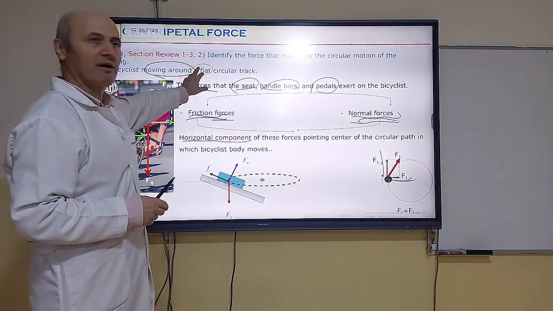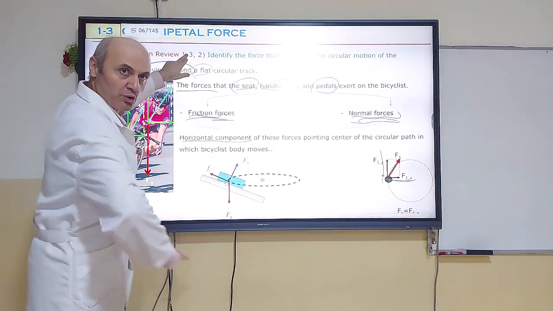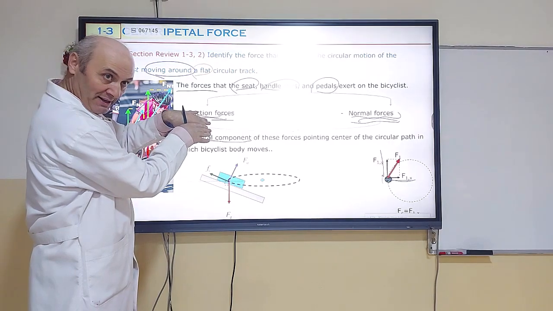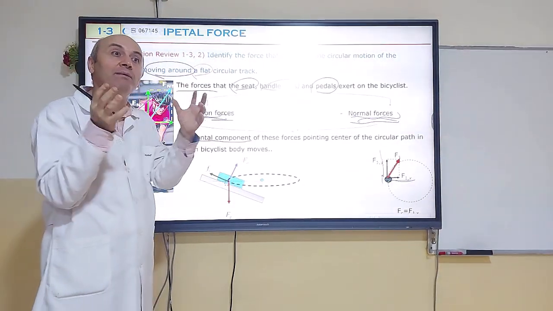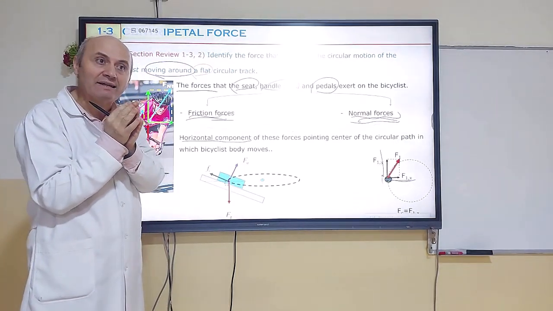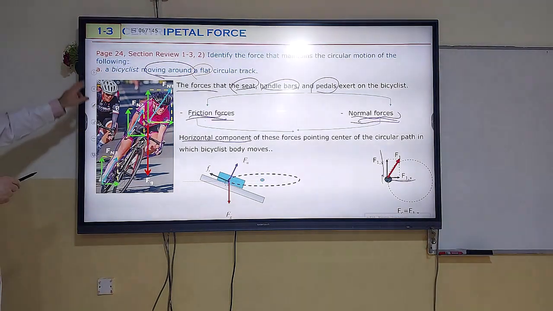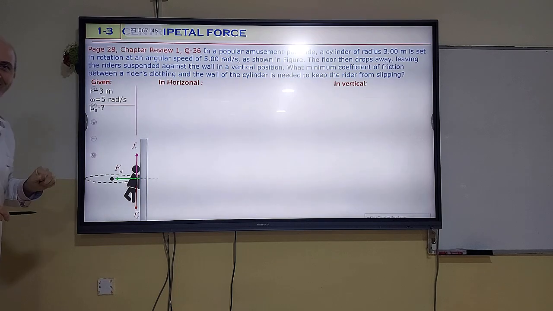Now, be careful about this. If it says bicycle, yes, it is moving on a flat road. The cyclist is not flat, his body is inclined, and that's why we have to think about the force between the cyclist and the bike. The cyclist is not in contact with the road. We should be careful about this. Okay? Is that okay? I hope so. If not, then take a note.